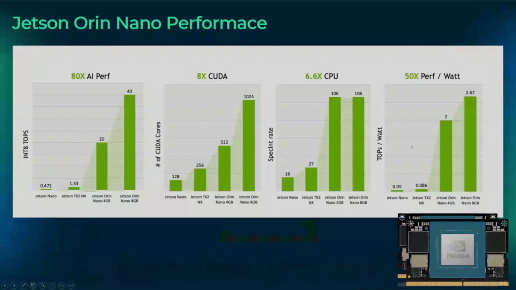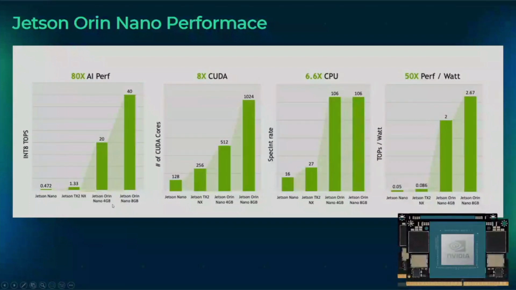Let's see how much performance increase we can get. This is the Jetson Nano I showed you before, the cheapest device that NVIDIA produced, and the Orin Nano, the latest one, which will release soon. The 4GB one will have how much performance increase? 40 times increase when compared with the Jetson Nano.